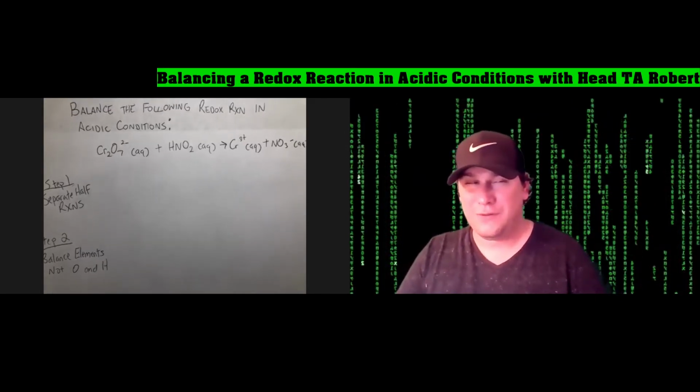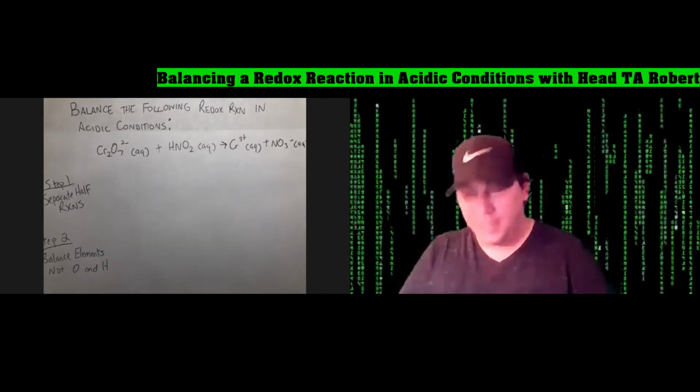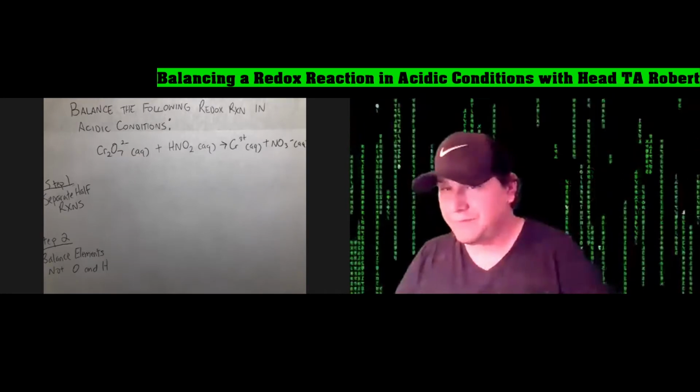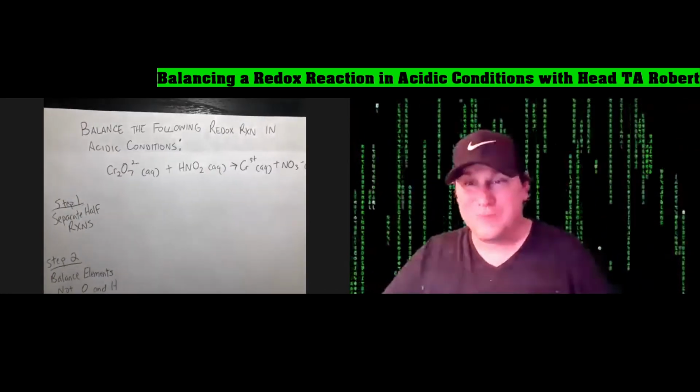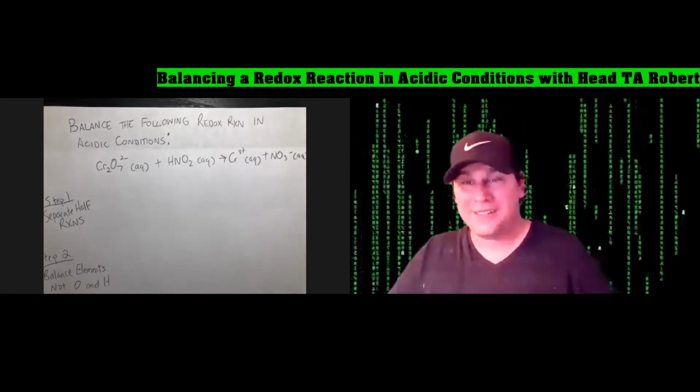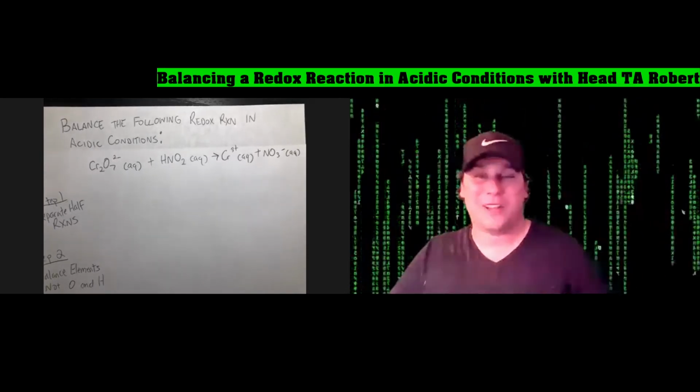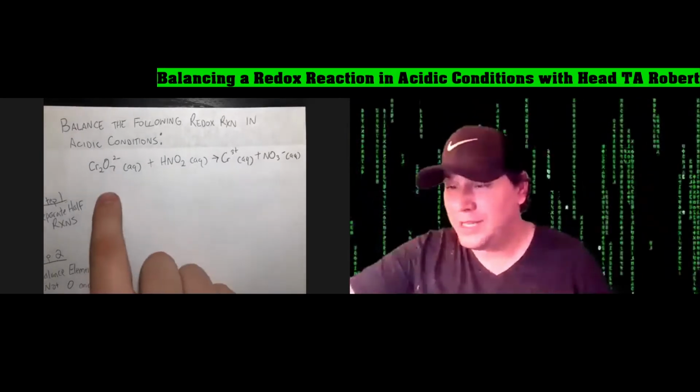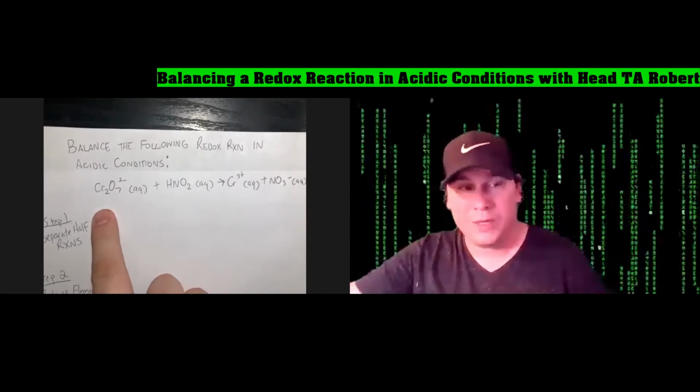Okay, so first let's find out what was oxidized and what was reduced. Now, you may just get asked about that and have to identify a species that was oxidized or reduced, right? So let's examine chromium first and figure out its oxidation state.